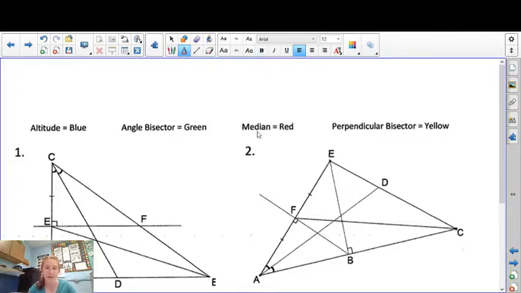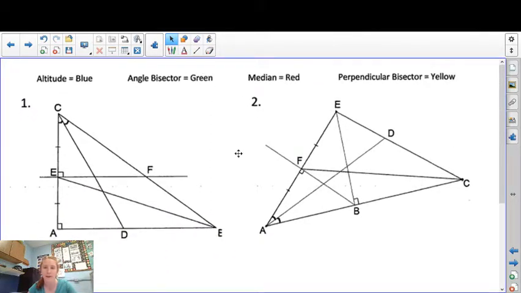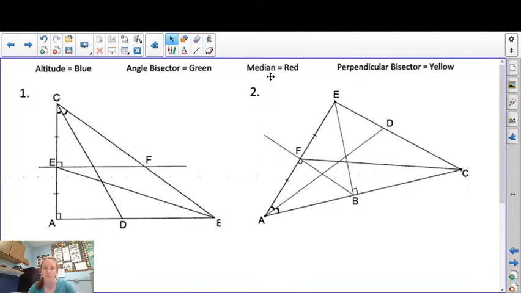Pause the video and go get the following colors: blue, green, red, and yellow. I'm going to try and do the highlighter so we can see it. This will be my yellow, this will be my green, and here's my blue.